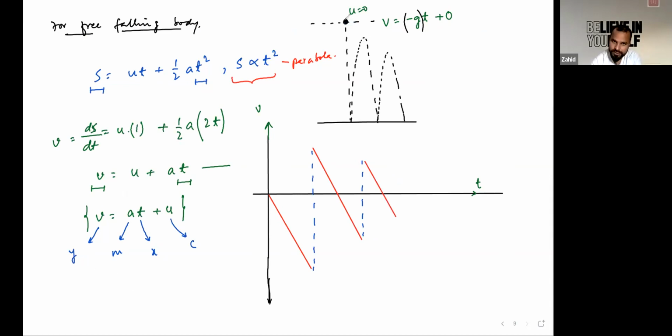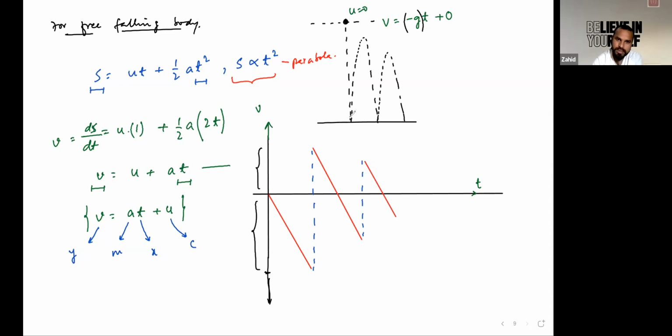Now, initially it is at this point. On hitting the ground, some of its velocity or energy would be lost as heat, sound, or other forms, due to which its velocity from this length would decrease to this length.